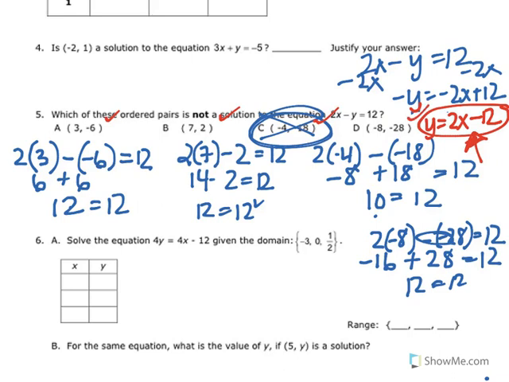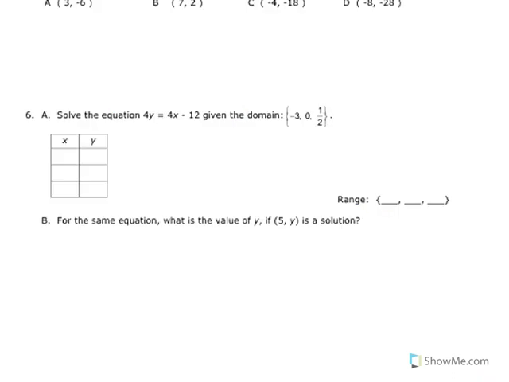Okay, let's look at number 6. It says solve this equation, and it says given the domain, here's the domain. So when we're given a domain, are we being given the x's or are we given the y's? The domain is always the x's. Domain is x.